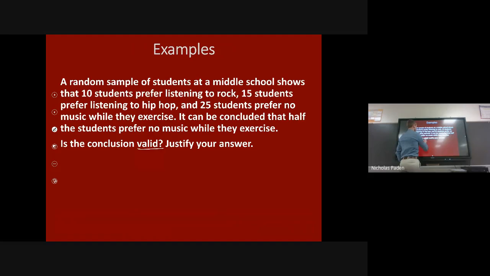Another way to say that is, is it unbiased? So we want unbiased. Remember, unbiased means random. And we're going to be using that chart to see, okay, if it's unbiased, it's either systematic or simple random. If it's not unbiased, it would either be convenience or voluntary response.